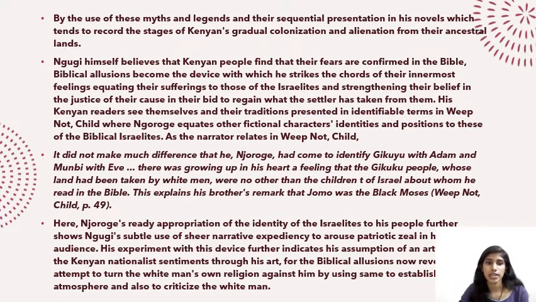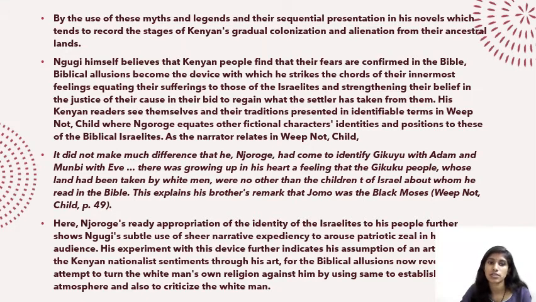He himself believes that Kenyan people find that their fears are confirmed in the Bible. Biblical allusions become the device with which he spies the codes of their innermost feelings, equating their sufferings to those of the Israelis and strengthening their belief in the justice of his cause in a bid to regain what the settler has taken from them.